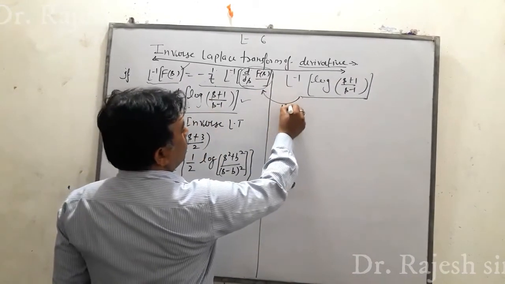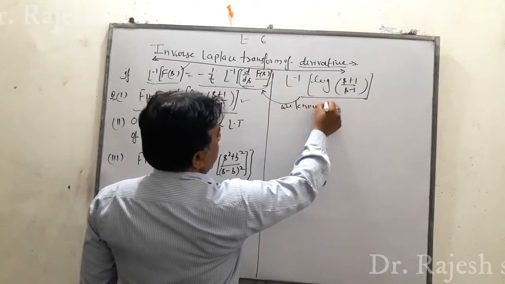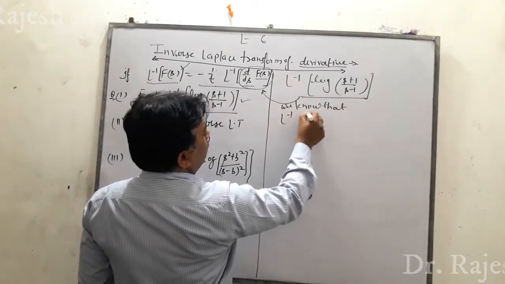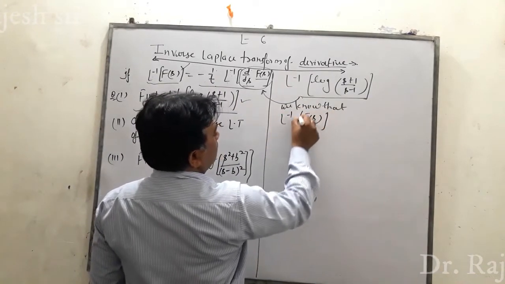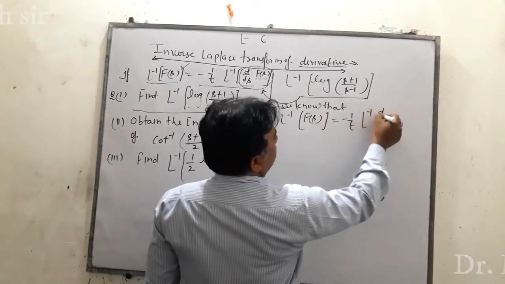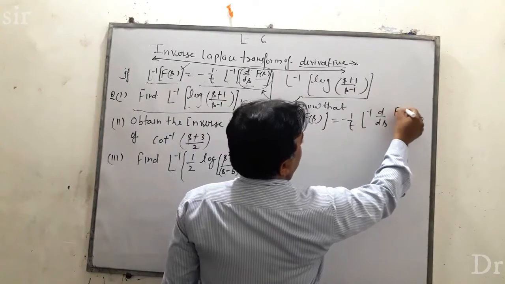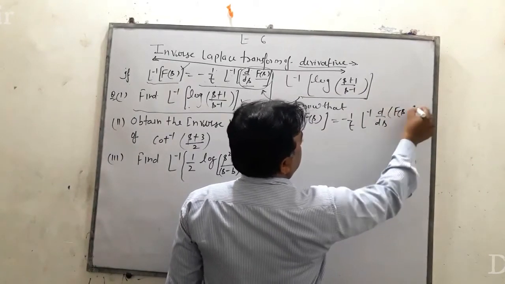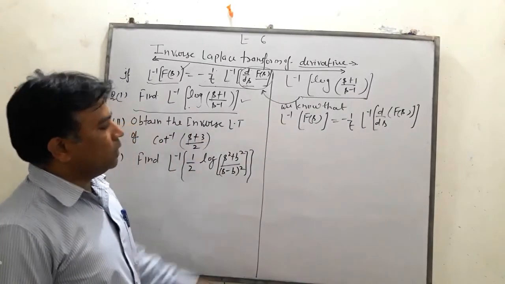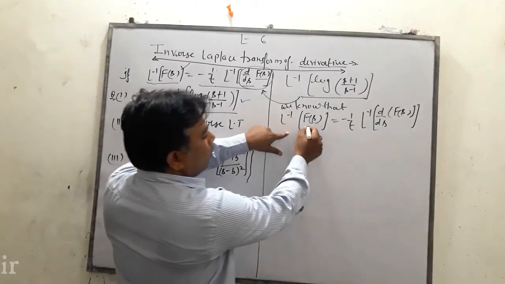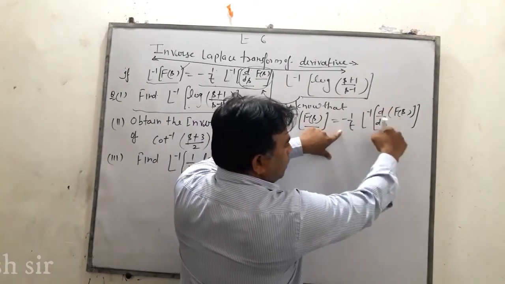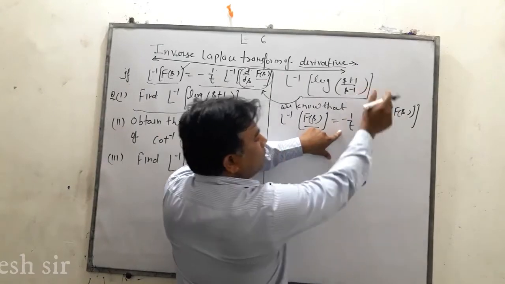We know that the Laplace inverse of F(s) equals minus 1 by t times the Laplace inverse of d over ds of F(s). You can see that the Laplace inverse of F(s) is minus 1 upon t times the inverse after differentiating the given function F(s).